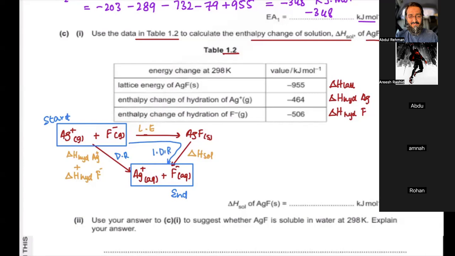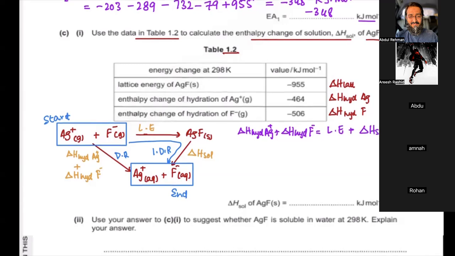From this, I can make the mathematical expression initially that enthalpy change of hydration of silver ion plus enthalpy change of hydration of fluoride ion is equal to lattice energy plus enthalpy change of solution. They ask you to calculate the enthalpy change of solution, so I am going to make it the subject.